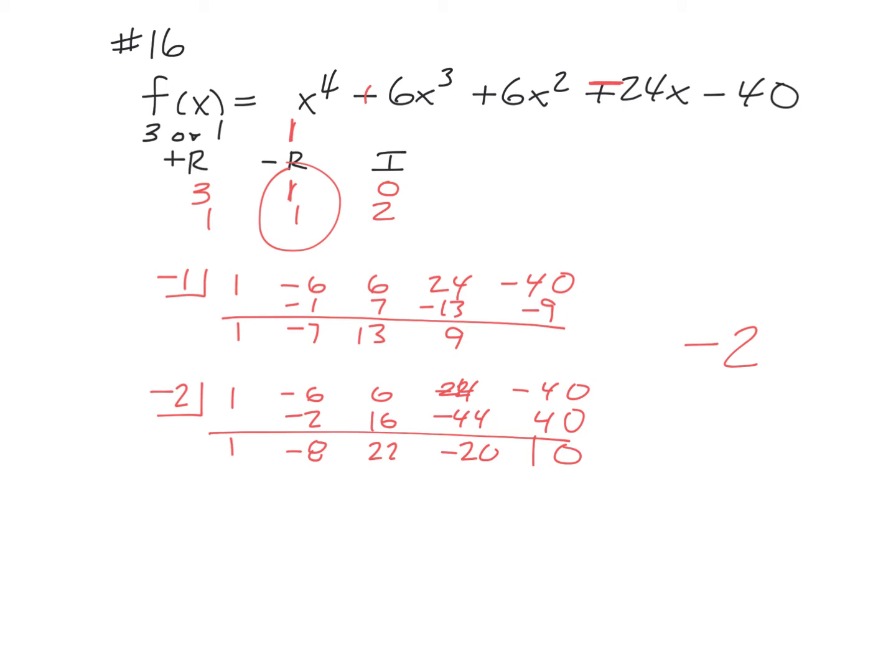Looking at this, I don't know if this would group, because I do have 4 terms. I don't think grouping is going to work. So I'm going to search and see if I can find the positive real for this. I could start right away with what was left off. I'm going to check +1.